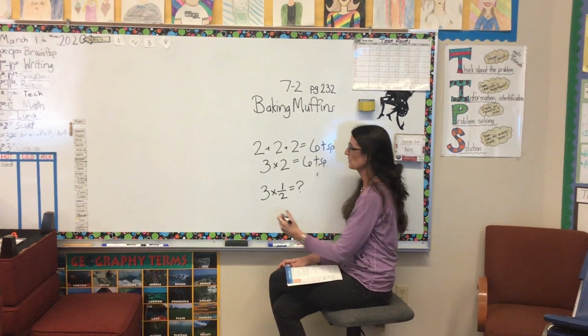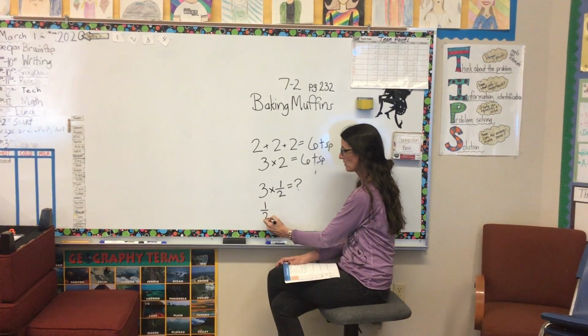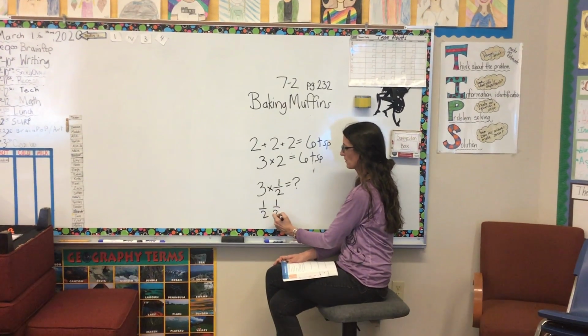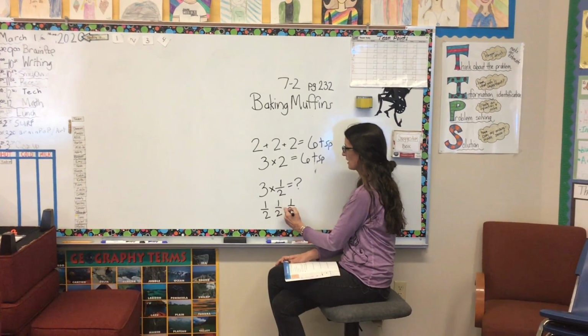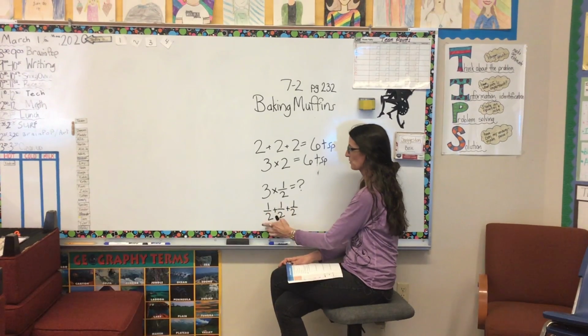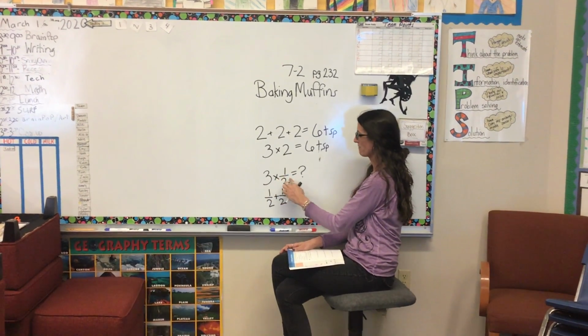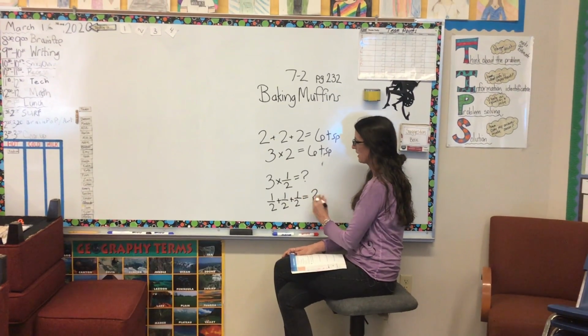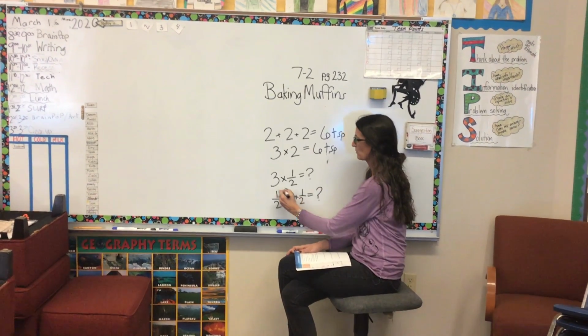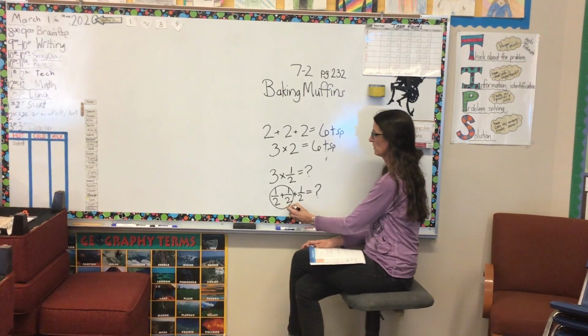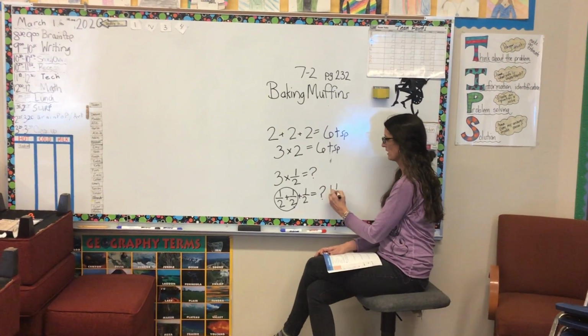But I could also do it as 1/2 cup for one recipe, 1/2 cup for another recipe, and 1/2 cup there. So there's still 3 groups of 1/2. And then you have 1/2 and 1/2 is 1 whole. So you would have 1 1/2.